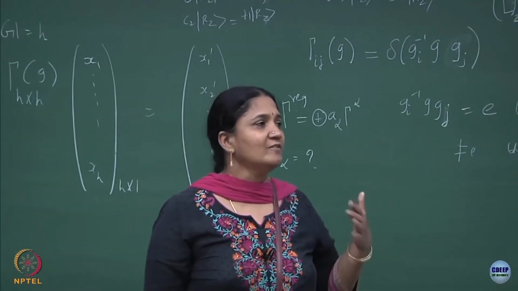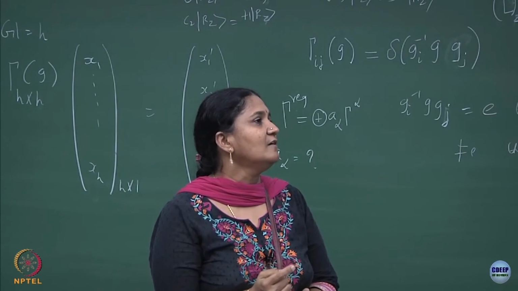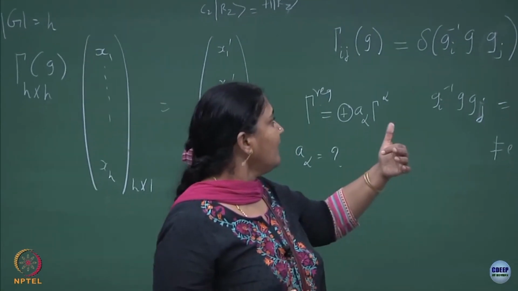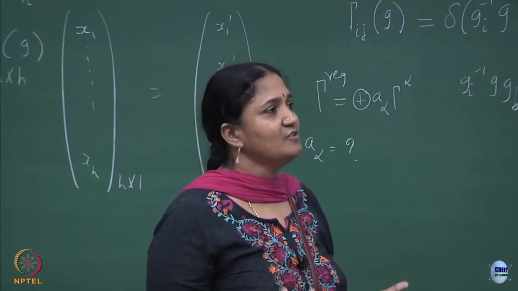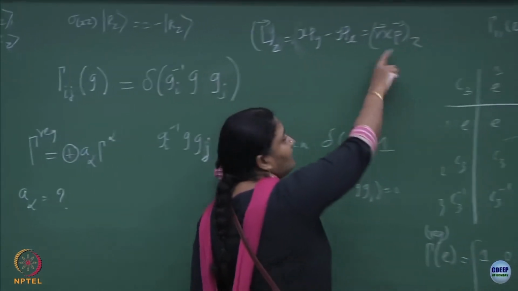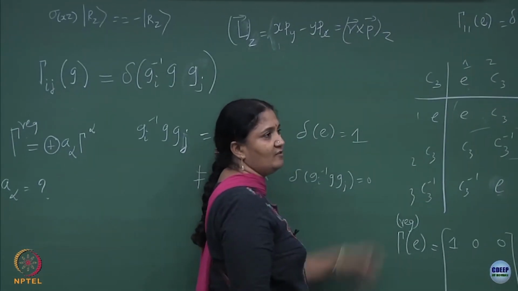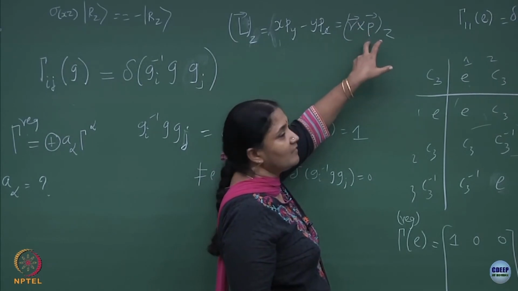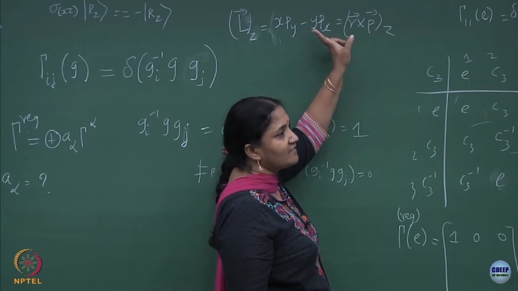I explained what an axial vector is in the last lecture. When you do an inversion, the momentum vector as well as the position vector will change sign, but axial vector components will not change sign. That is why it is called an axial vector. R is a polar vector, P is a polar vector, but R cross P is an axial vector.